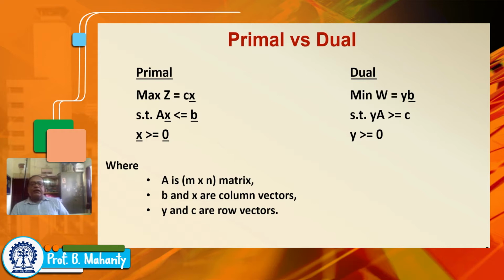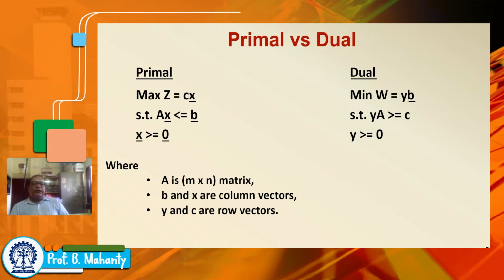And we know the standard form of a maximization problem. All the constraints are of the form Ax less than or equal to B, where A is the coefficient matrix, X is the decision variable, and B is the resource quantities available.